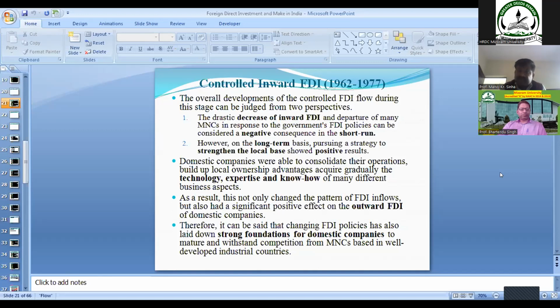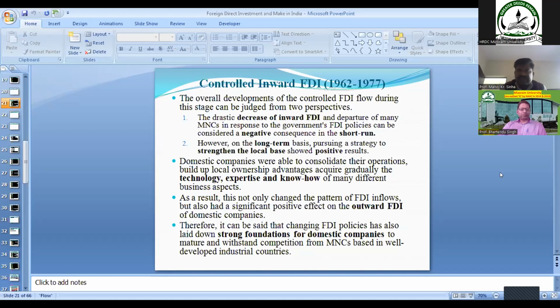During this period, due to the strong domestic base, India was not only attracting more FDI, but the pattern of FDI inflow also changed, and a significant amount of FDI from Indian investors also started investment in other countries in the form of outward foreign direct investment from India.